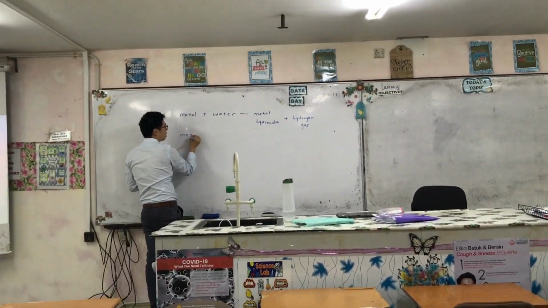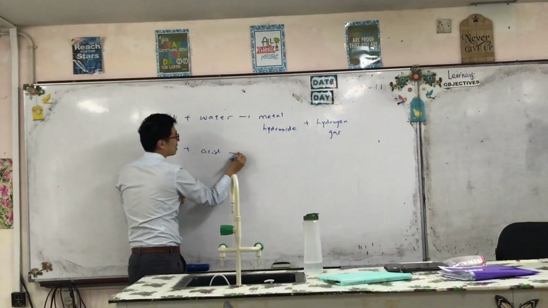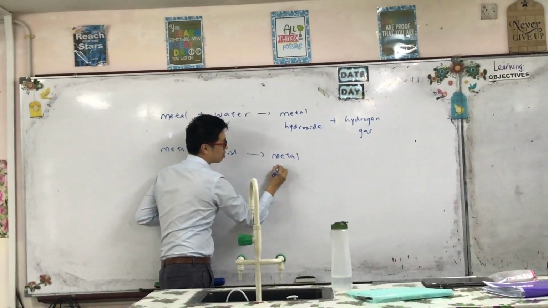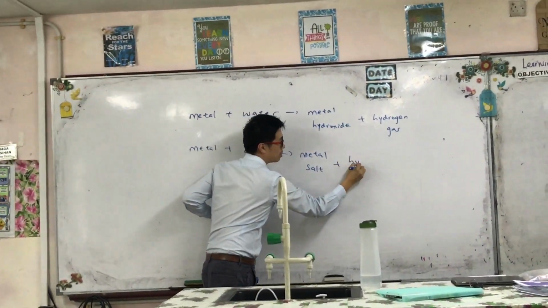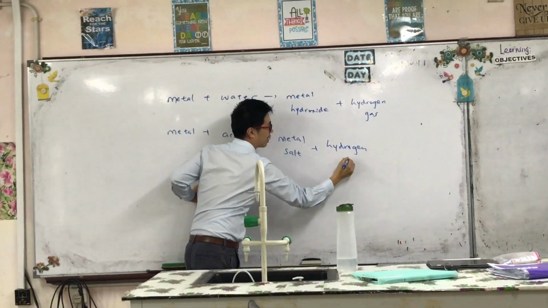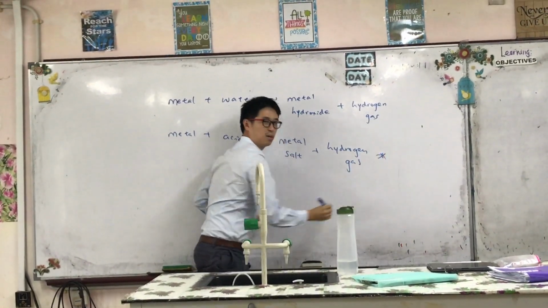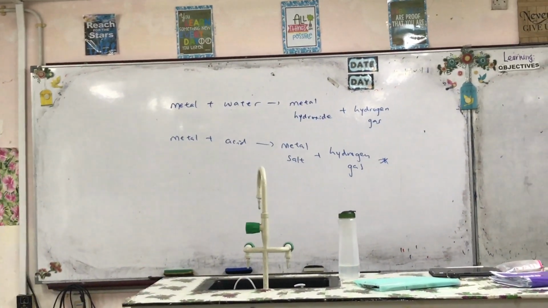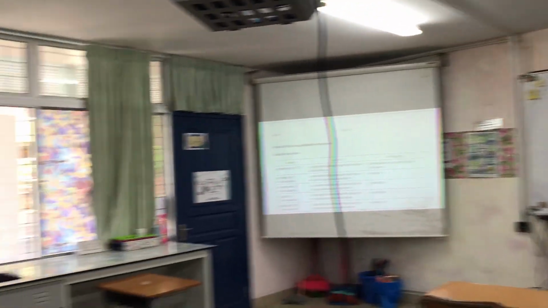It is the second one that I'm going to show you. Metal plus acid react to give you metal salt, and you will get hydrogen gas as well. So metal plus acid also gives you hydrogen gas, and that is what we are going to do here.